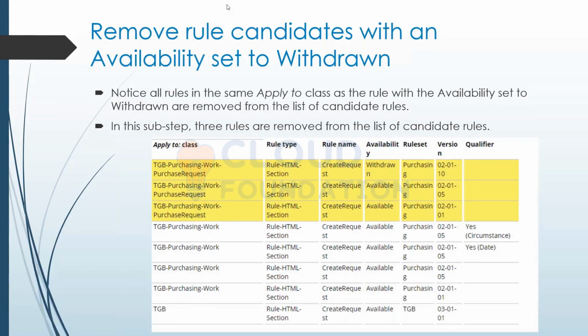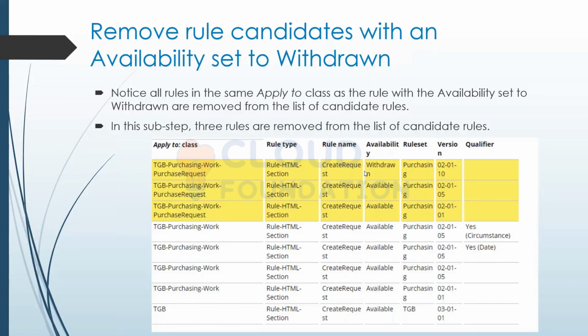Now the system is going to check if there are any other rule candidates with the same properties as the withdrawn rule, and if it finds some, then those will also be discarded. That's why you see here 3 rule candidates are highlighted. The first one is withdrawn anyways. It is out of the question.